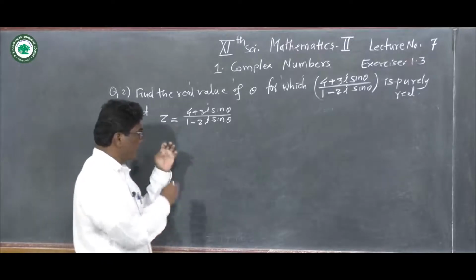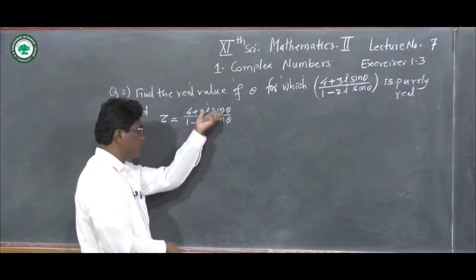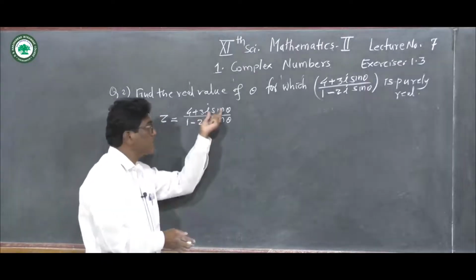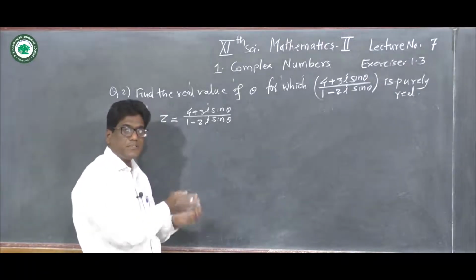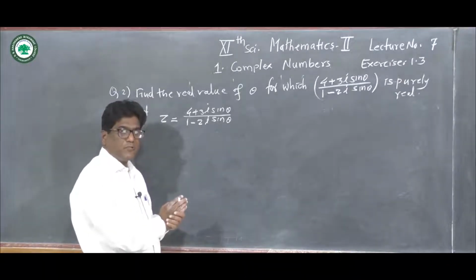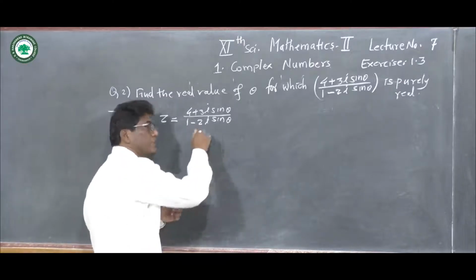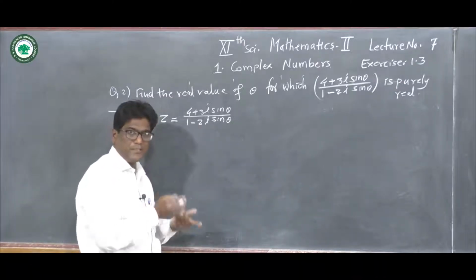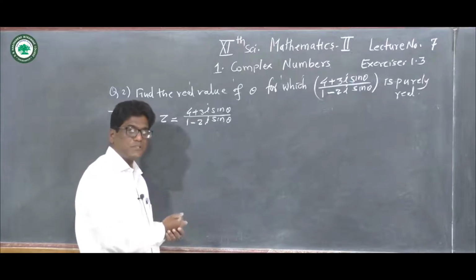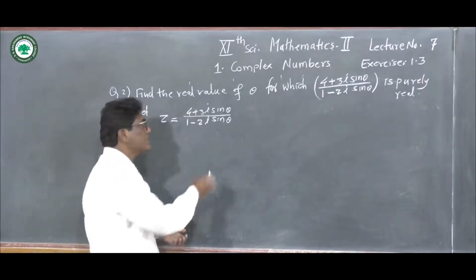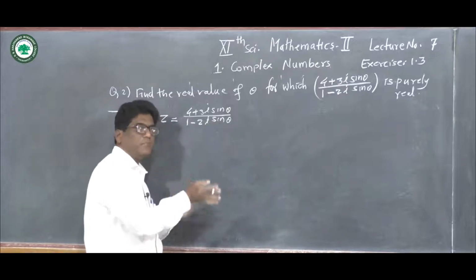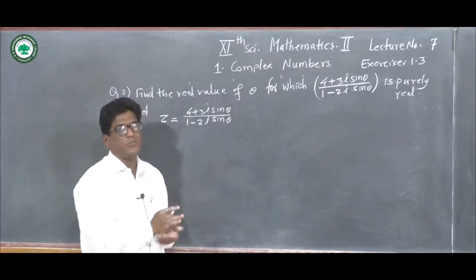Now if we observe the right hand side, numerator upon denominator, that is a complex number divided by a complex number. When we divide two complex numbers, we remove the complex number from the denominator. How to remove this? We take the conjugate of the denominator, meaning we change the sign of the imaginary part, and multiply to numerator and denominator.